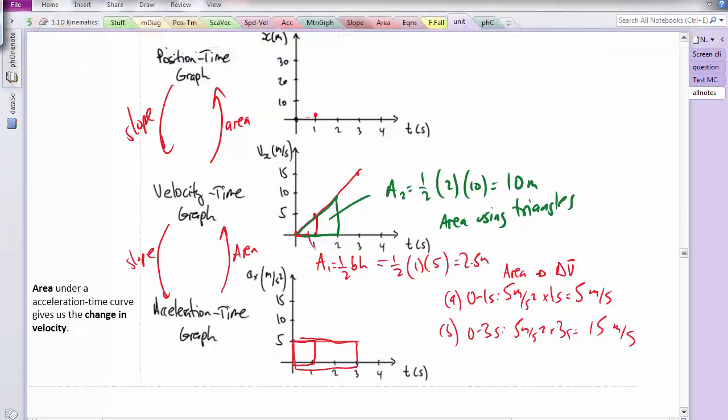This is what integrals mean when you take more advanced math: you're taking the area under a curve. So after 2 seconds we had a displacement of 10 meters, and if we kept on going for the first 3, we would get a curved, or squared, relationship that we would expect from an object that's accelerating.